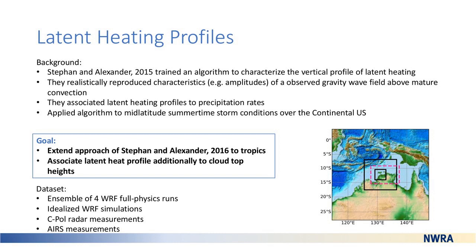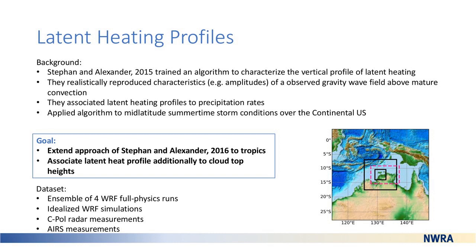And what we also plan to do is to extend this to associate the latent heating profile not only to the rain rates, but also to the echo top heights, which can be measured by a radar. And that's the strength of these approaches, that we would only need the observation of the rain rates and the echo tops.